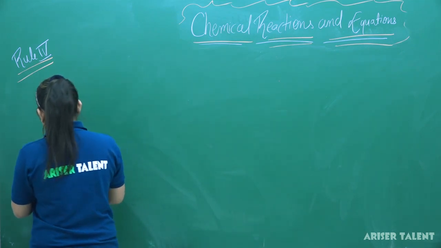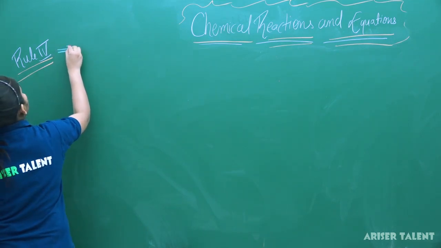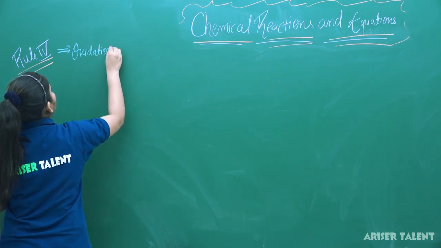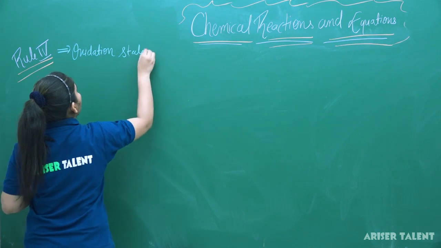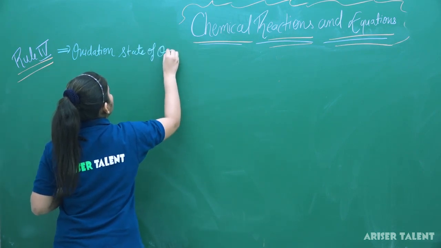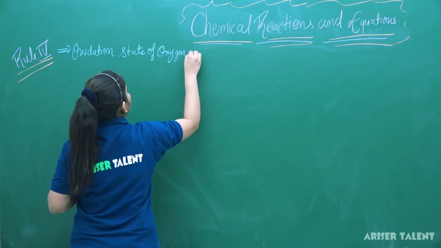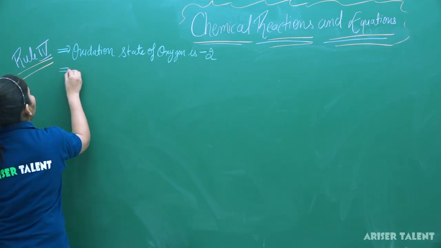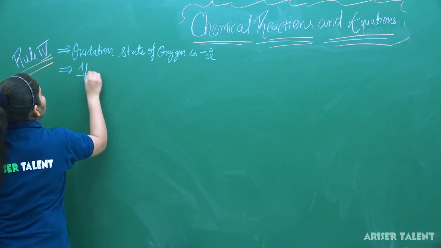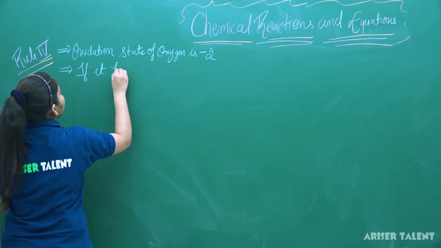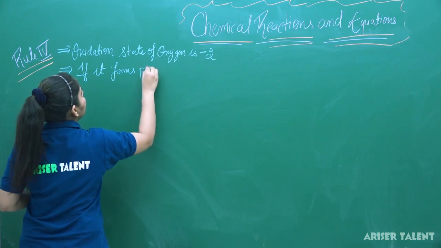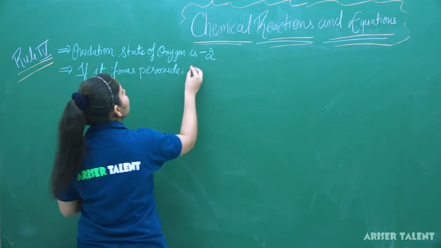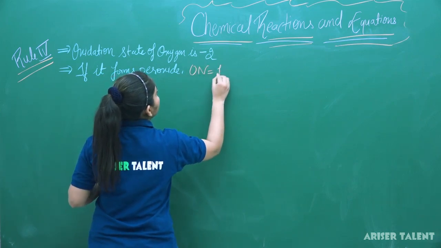So, our rule number 4 is, oxidation state of oxygen is -2. But what will happen if it forms peroxide? The oxidation number will be -1.